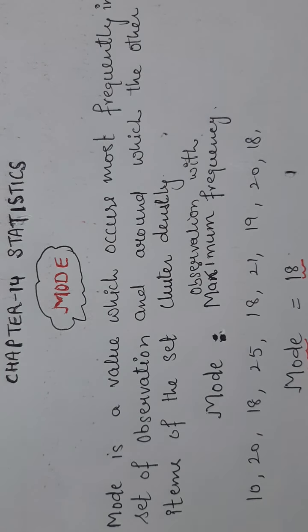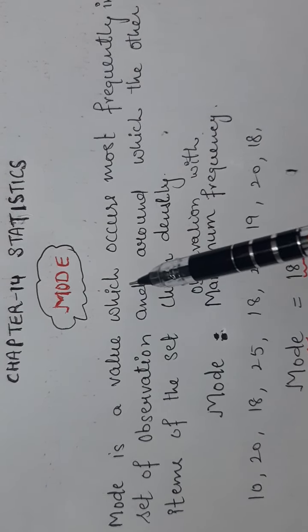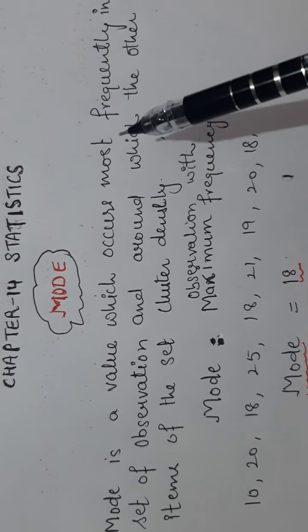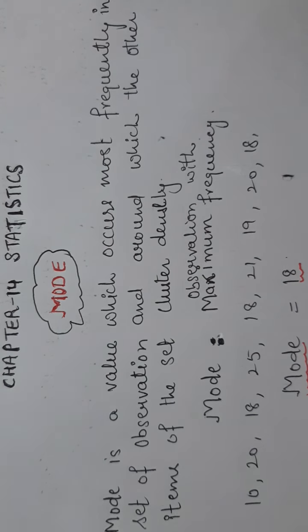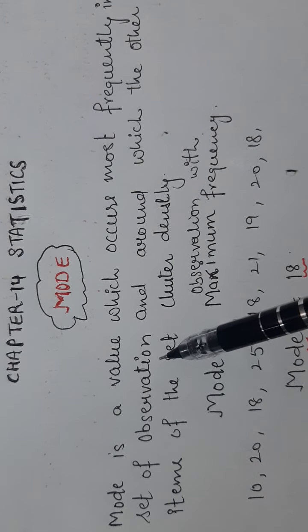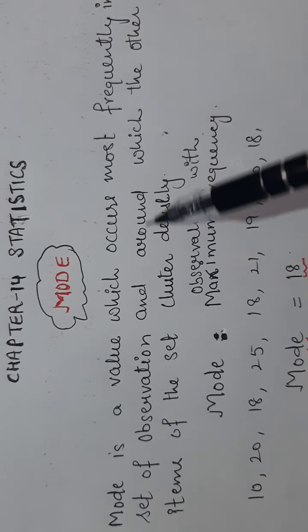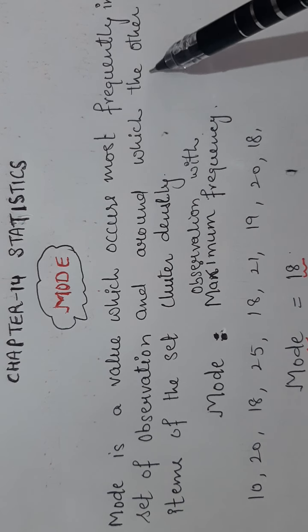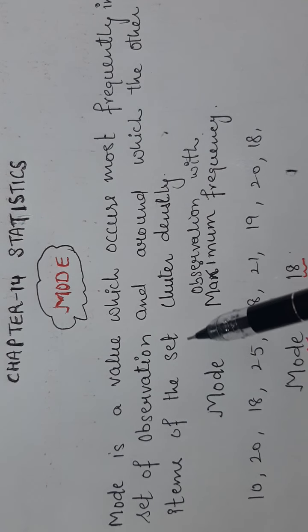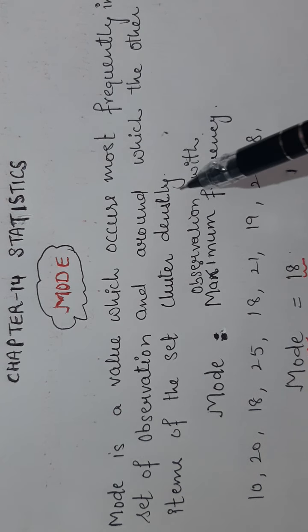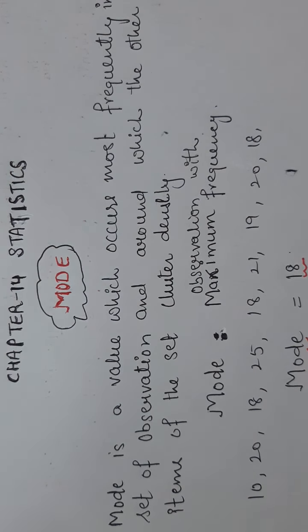What is mode? The number which is in repetition in the given data. By definition, a mode is a value which occurs most frequently in a set of observations and around which the other items of the set cluster densely. What does it mean?